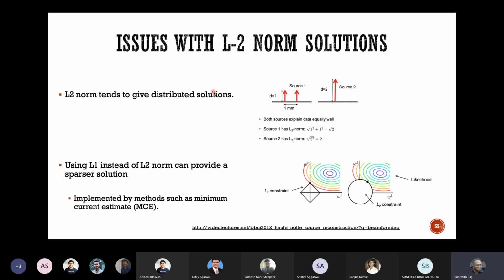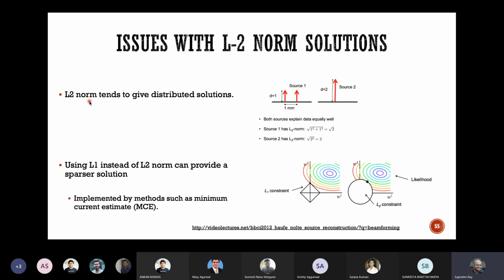So in general, if I impose a minimum norm solution, I will always have a solution in which the dipole is broken up. You can think of the first solution as a bigger dipole broken up into smaller dipoles, and this always has a smaller L2 norm.